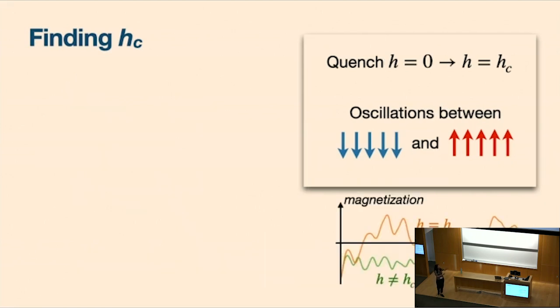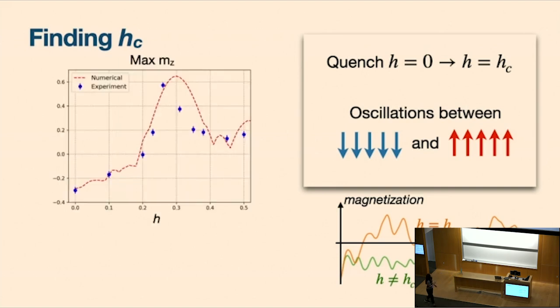And what this means is that if you look at the evolution of the magnetization in time, if you quench exactly at this value, you will see large oscillation of magnetization going from negative to positive, while if you're away from that point, the magnetization will essentially not change.